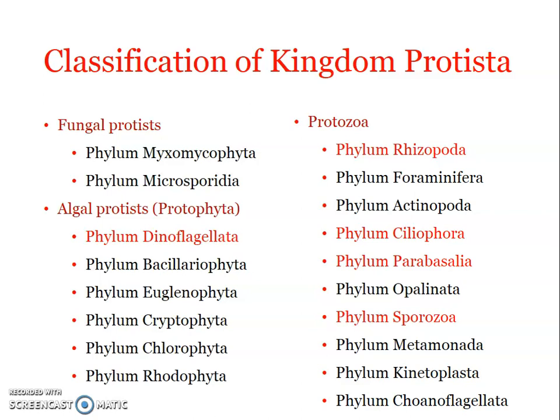The body is provided with a shell, and this shell is chambered and porous, that is, it bears pores. In most foraminiferans this shell is calcareous in nature, made up of calcium carbonate and silica.